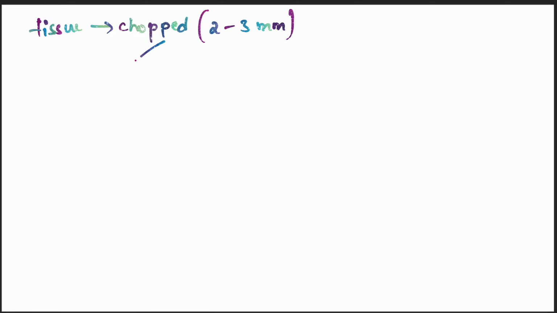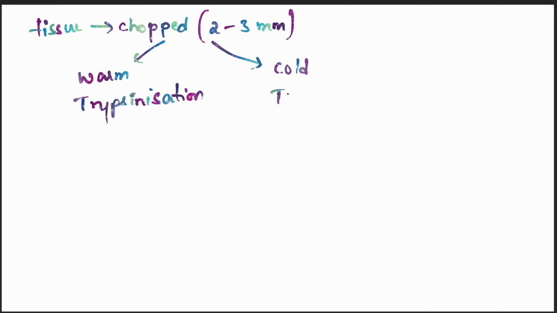After chopping, two types of processes may take place: warm trypsinization or cold trypsinization. There are different processes for warm trypsinization and cold trypsinization.